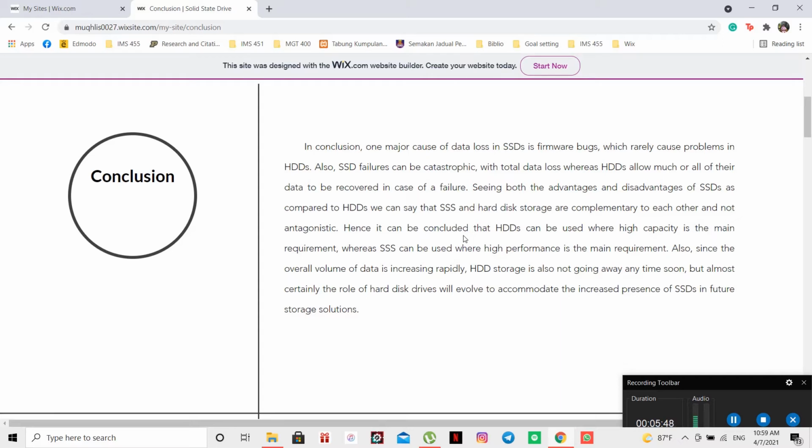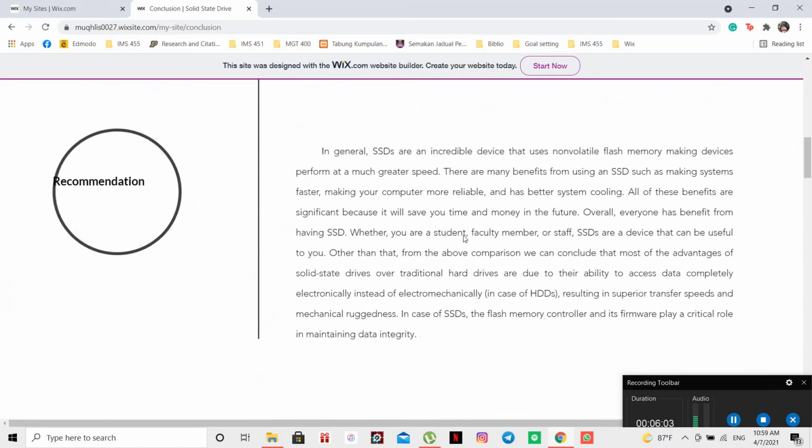Since the overall volume of data is increasing rapidly, HDD storage is not going away anytime soon, but certainly the role of hard disk drives will evolve to accommodate the increased presence of SSDs in the future.